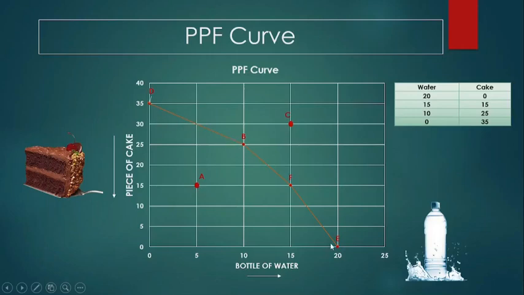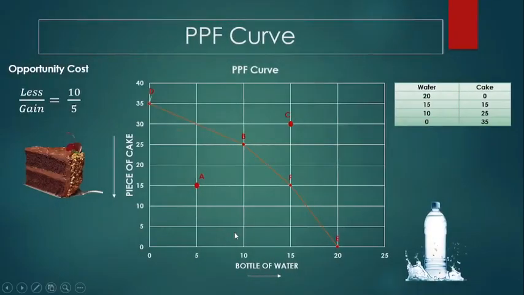D, B, F and E are the boundaries where the producer can produce maximum amounts of water and cake. So these are the combinations and these points are the efficient points because there the producer utilizes all of his resources effectively.